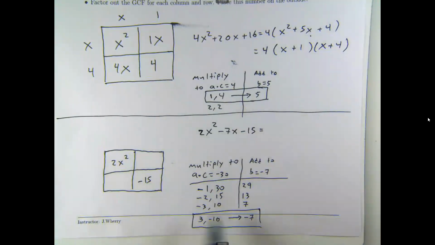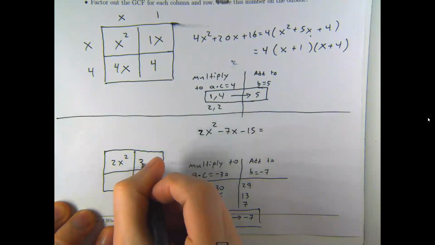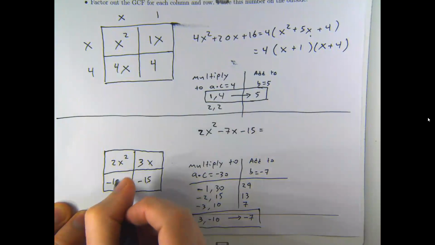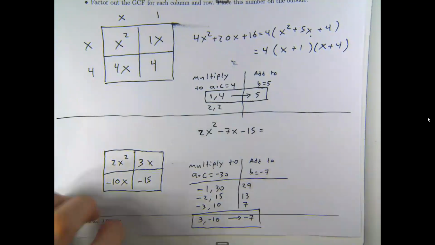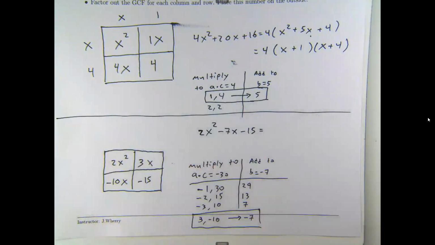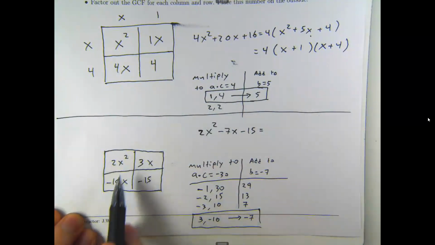Once I've found the pair that works, I'm going to put them in these two boxes. So I've got 3 with the x. I've got -10 with an x. Now I'm going to factor vertically and horizontally. 2x squared and -10x.